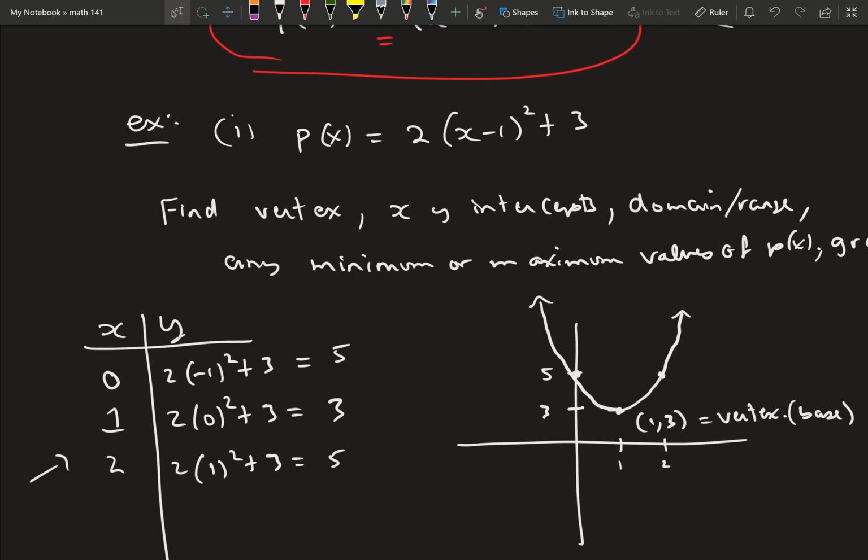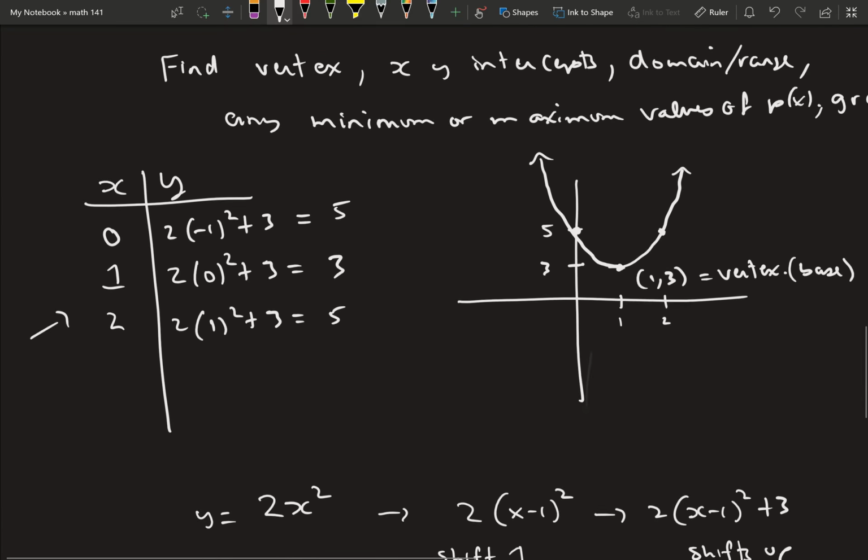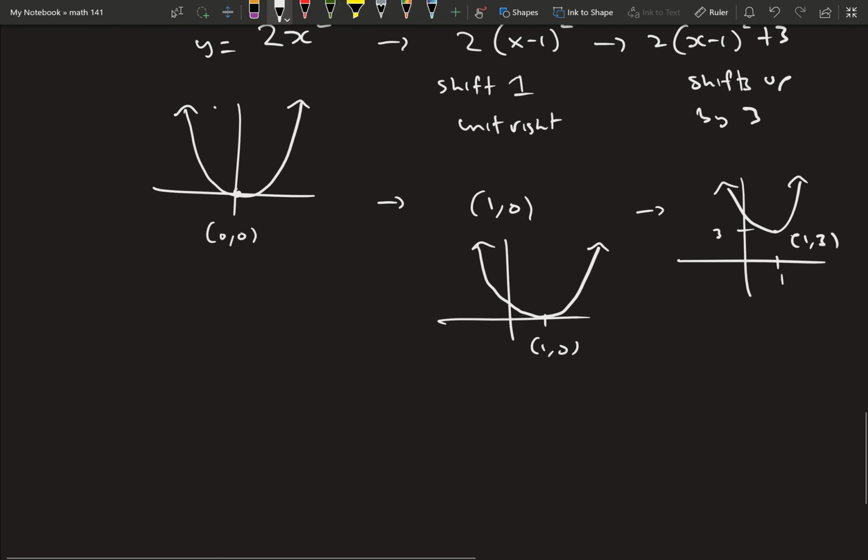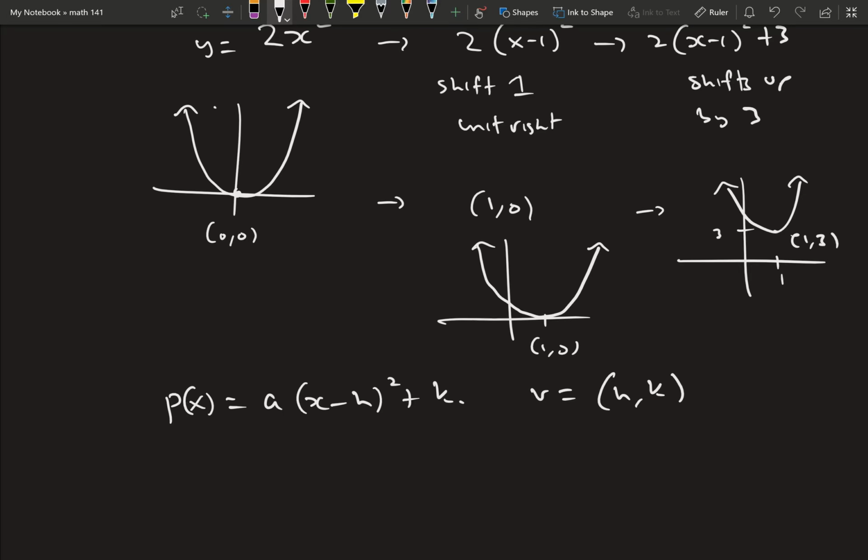Okay. So the point is that these numbers 1 and 3 are very important because they are actually the vertex. Notice in the general vertex form, we have a times x minus h squared plus k. It turns out that the vertex is just h comma k. For example, in our case, we had 2 times x minus 1 squared plus 3.